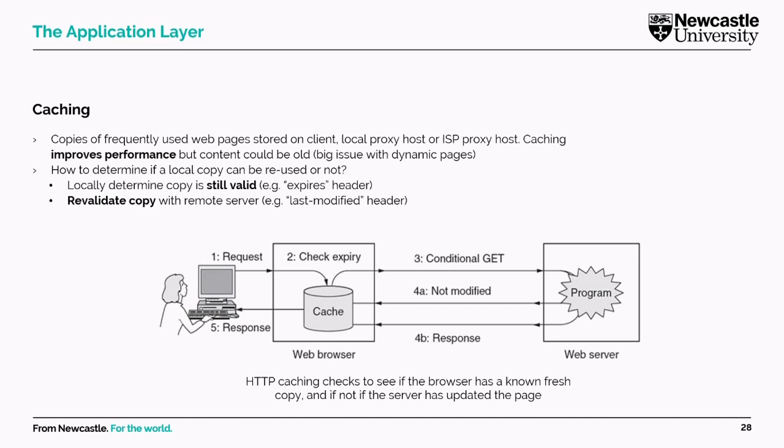One of the typical difficulties with caching is to determine how old a certain copy of the web page is, and whether it requires a new version to be retrieved from the server.